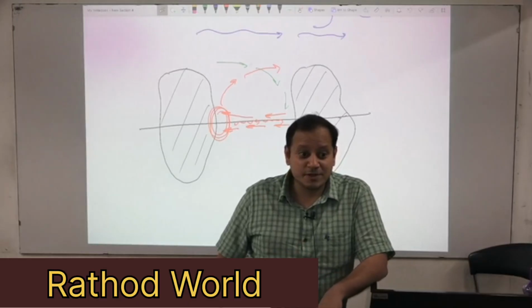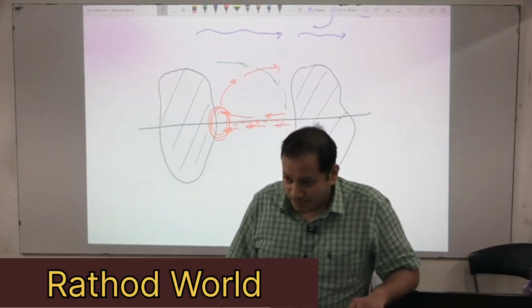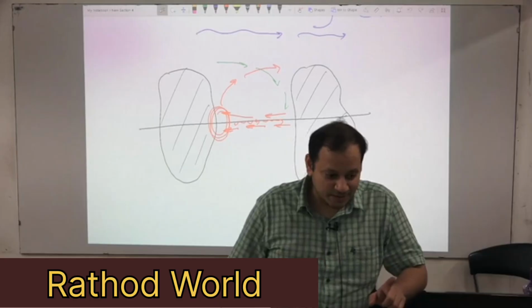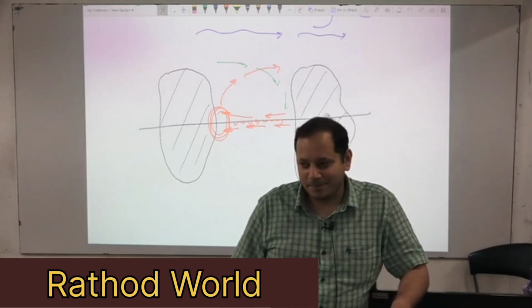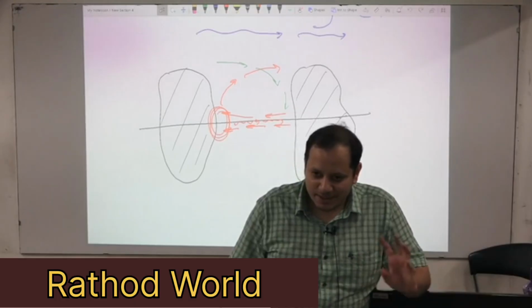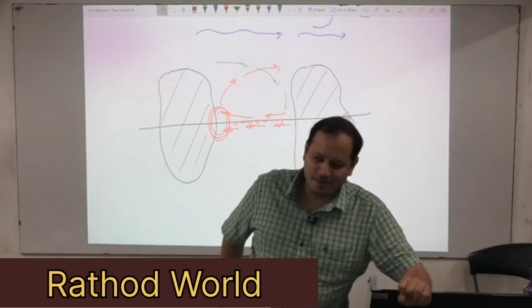Then he was one of the first persons to write the constitution properly of USA. And thirdly, he was the person who discovered the Gulf Stream. The Gulf Stream was discovered by Benjamin Franklin.